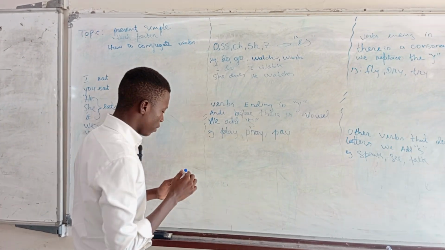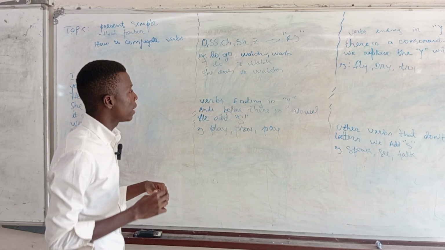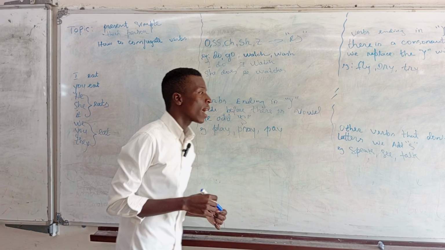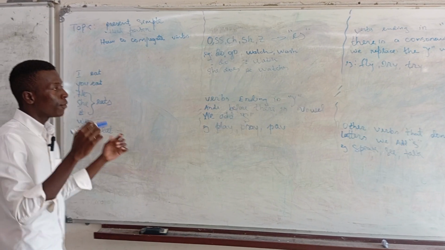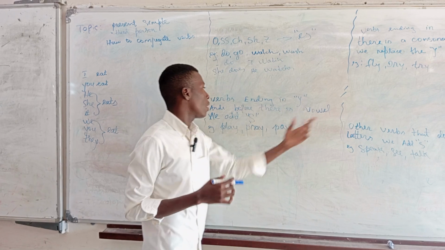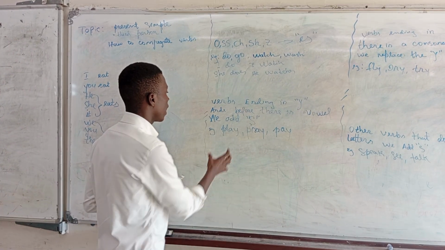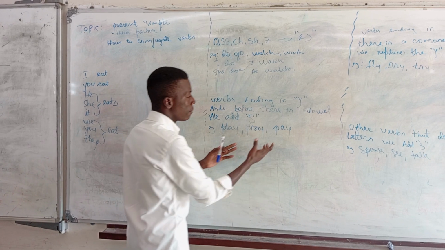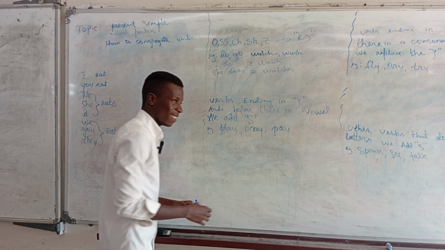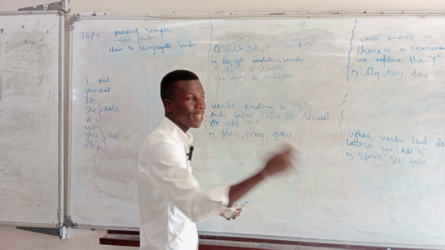And we have the second rule. The second rule is when the verb ends with y, and before the y we have a vowel, we are going to add s. For example, the verbs to play, to pray, and to pay. When you buy something, you have to take the money and give it to the person.